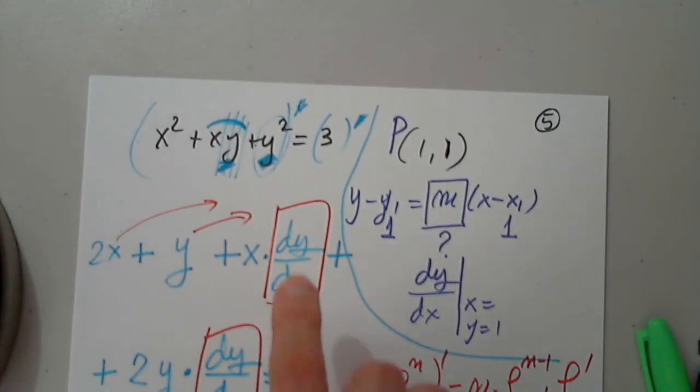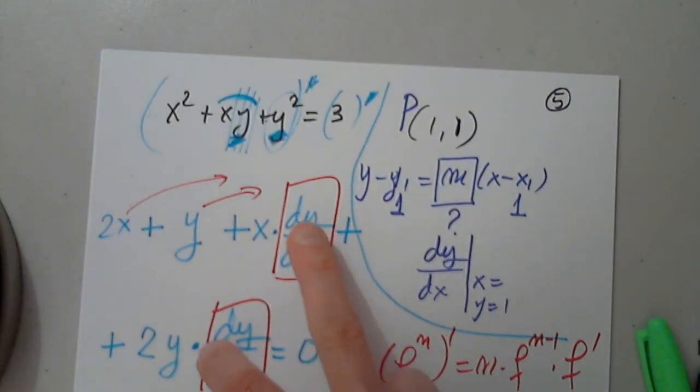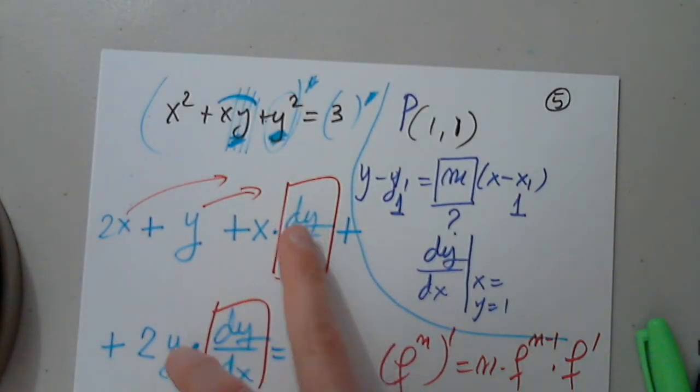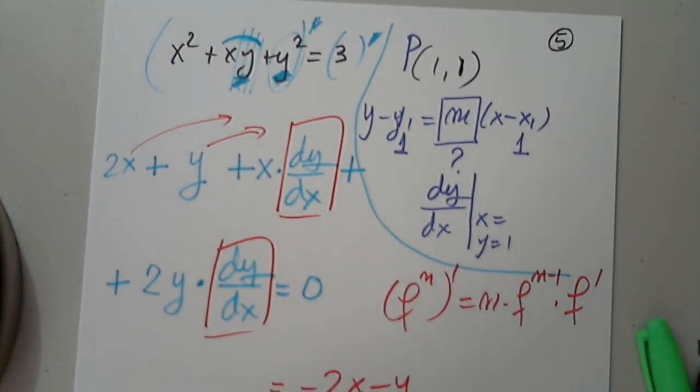So y squared prime is 2 times y to 2 minus 1 times the inner function prime. Is that okay? Yes. Good. So now these two terms should be here. What do I need to do because they're not like terms?